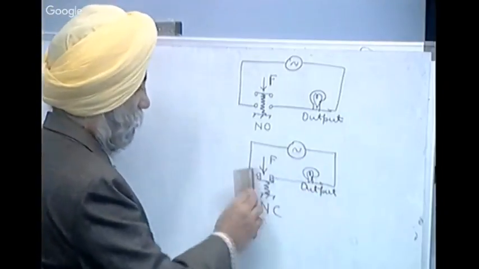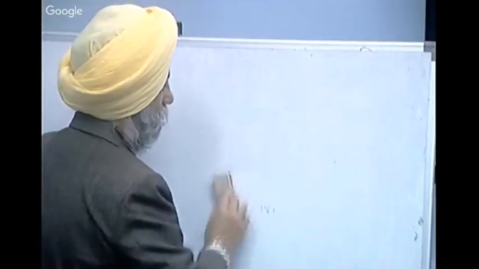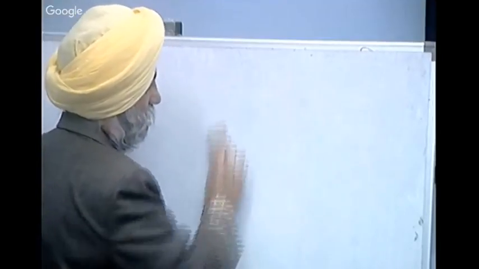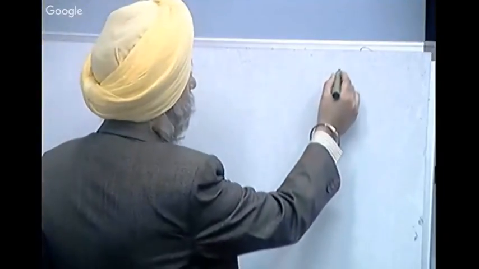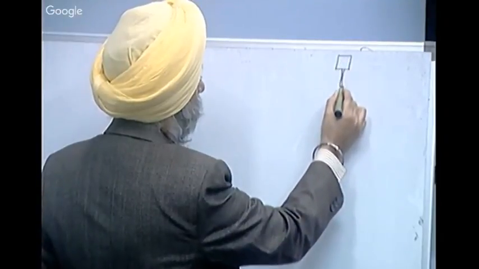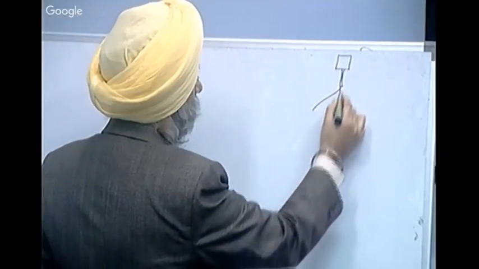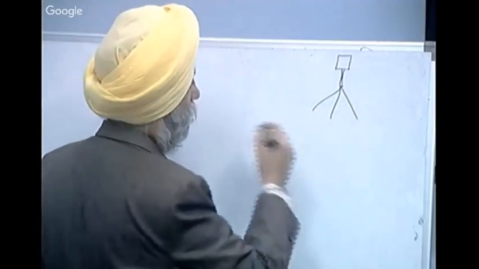So one more thing we will see here is, we have just seen that typically a sensor will have three wires, like the one we saw here.